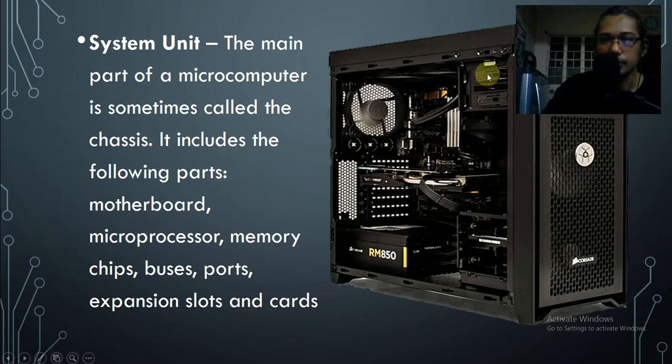So everything here, like here, yung CD drive niya, no? Nasa likod ng computer naman yung mga ports, mga buses niya. And the card also is added if you need another features or another upgrade of your computer. Okay, it's found inside of this system unit.